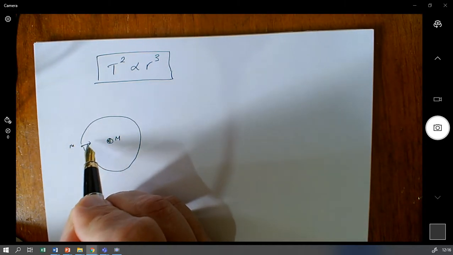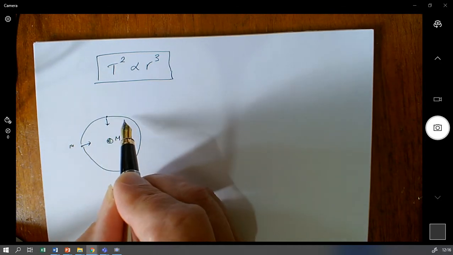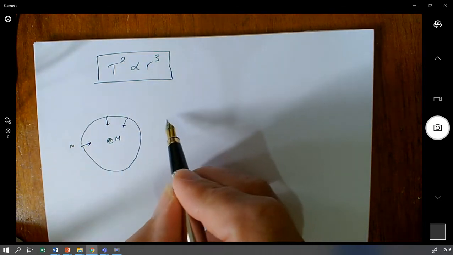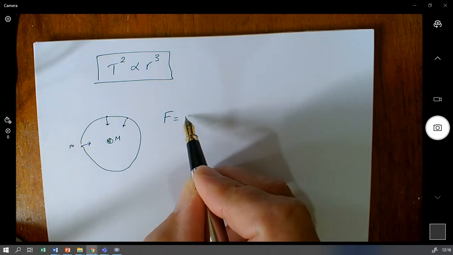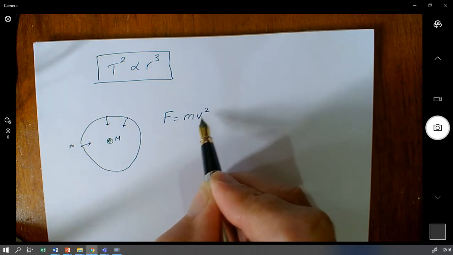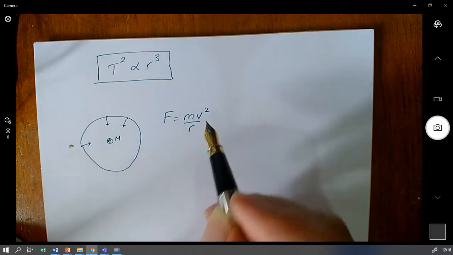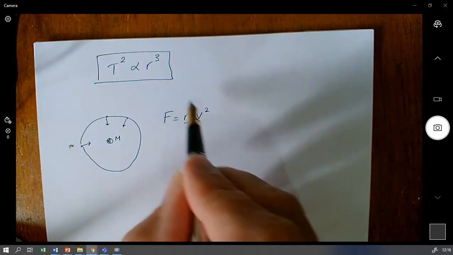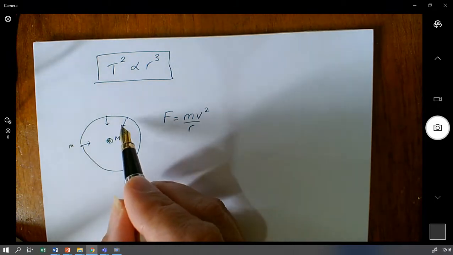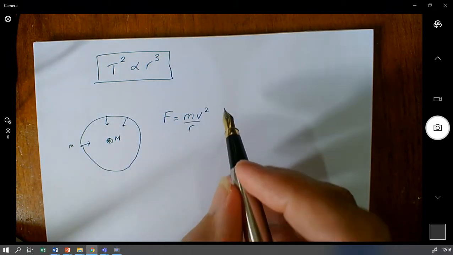To keep it in orbit, there has to be a centripetal force. Remember, centripetal force is given by this formula, mv squared over r, or mr omega squared. So that's the general formula for keeping something in a circle. And we know that force is actually provided by gravity.